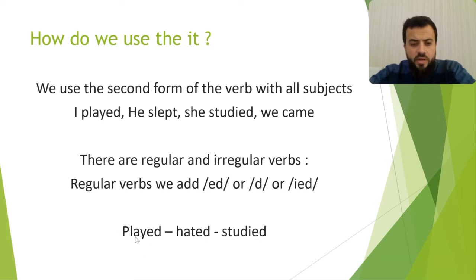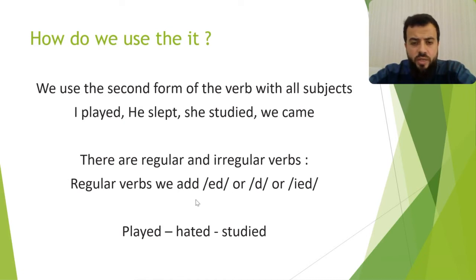Now, here, before the y, we have a vowel, so it's okay to use ed. But with study, there isn't one of the five letters A, E, I, O, U before the y. So we replace the Y with I, E, D. So played, hated, studied. And this is easy.